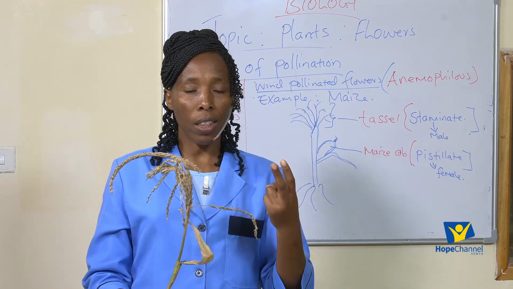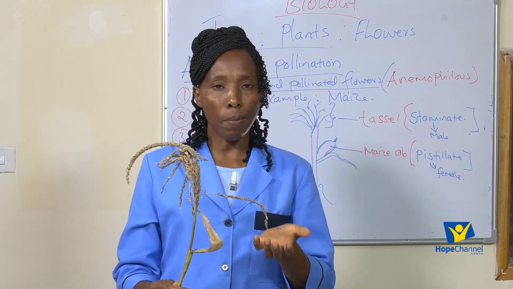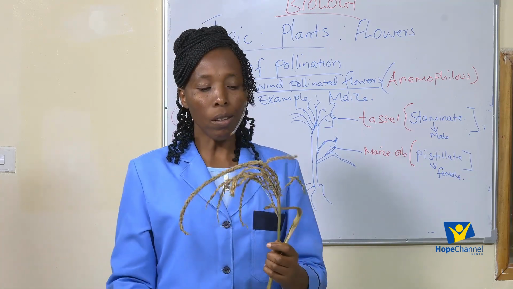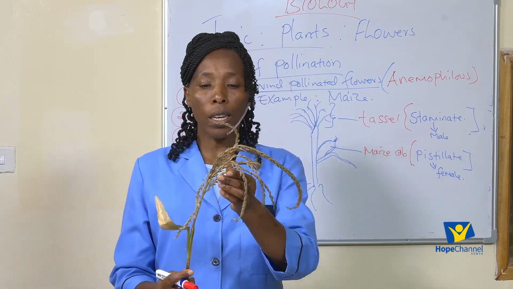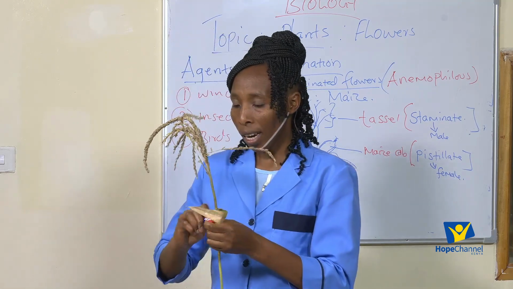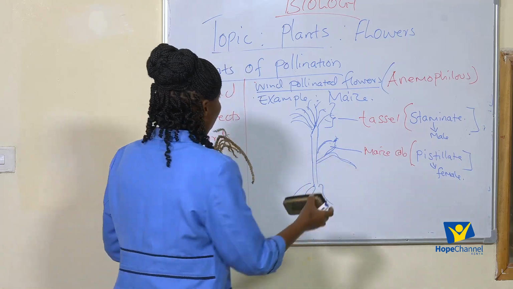Number two, we have said they are very small in size. They are light, so that they can easily be carried by what? By wind. So I want us to now list the characteristics of a wind-pollinated flower, okay?